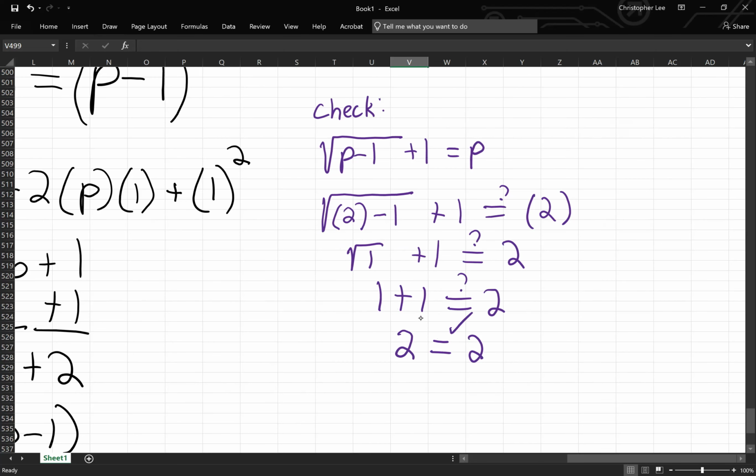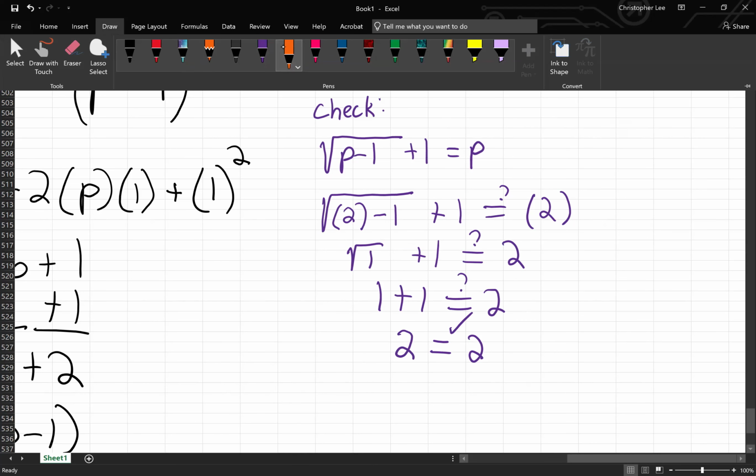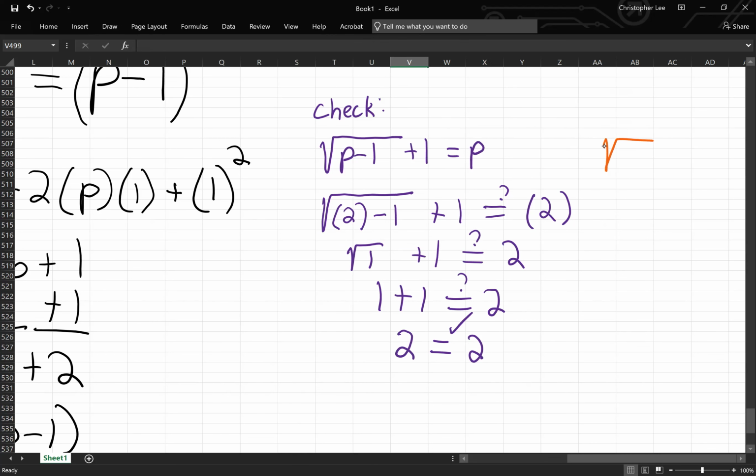It works, right? And then now we want to do that again with the other number. I'm just going to change the color just for dramatic effect, but you get the idea. So this is going to be the square root of p minus 1 plus 1 is equal to p, right? So now I'm going to plug in 1 and see if that works.